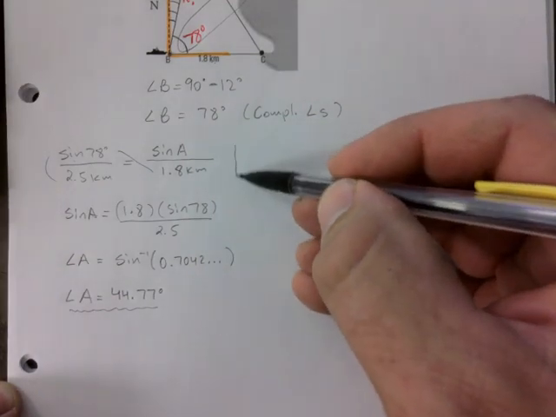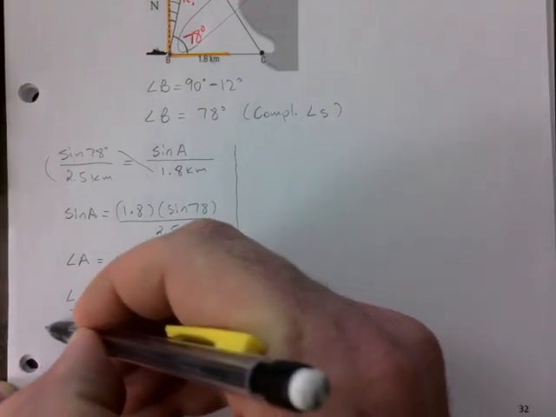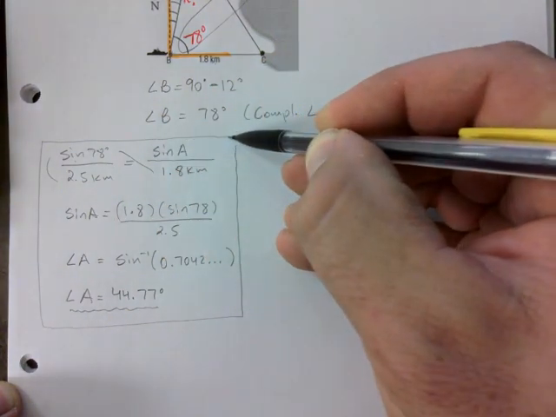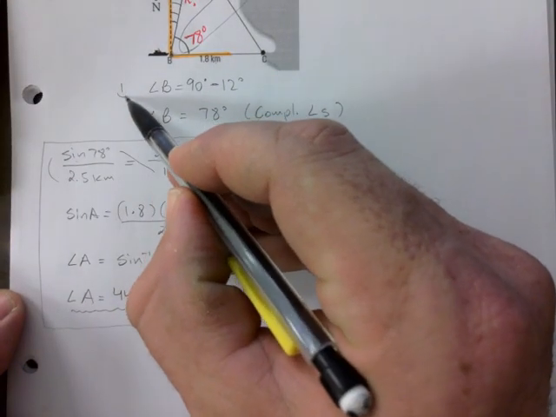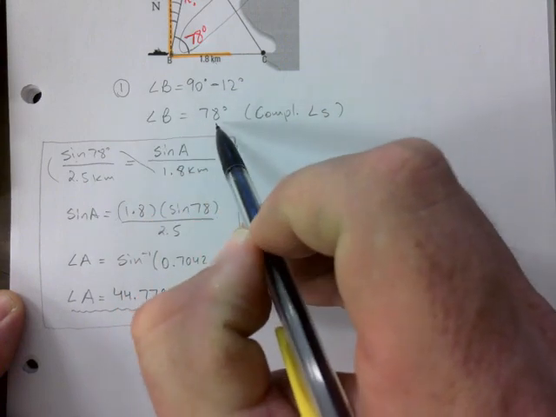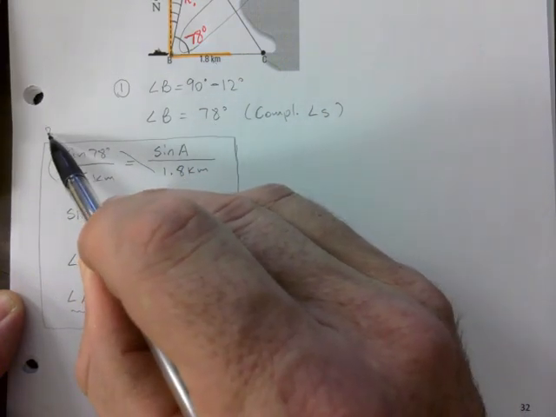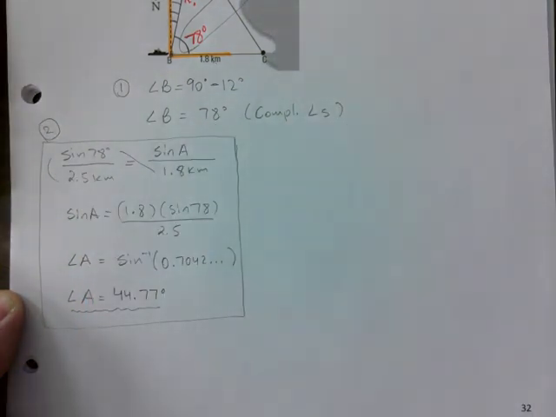So I'm going to box this in, to say, hey, this was necessary to get me closer to my answer. So this was step number 1. Get an angle on the inside of the triangle. Step number 2, solve for whatever can be solved, which in this case was angle A.